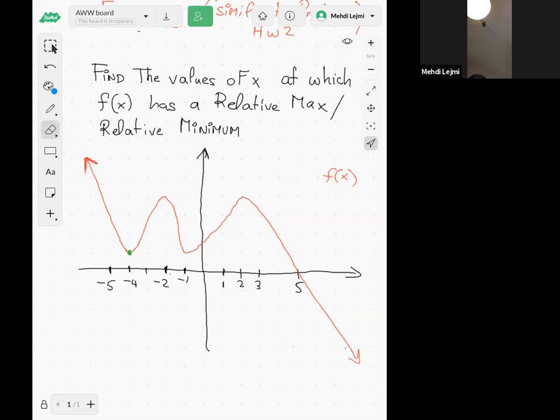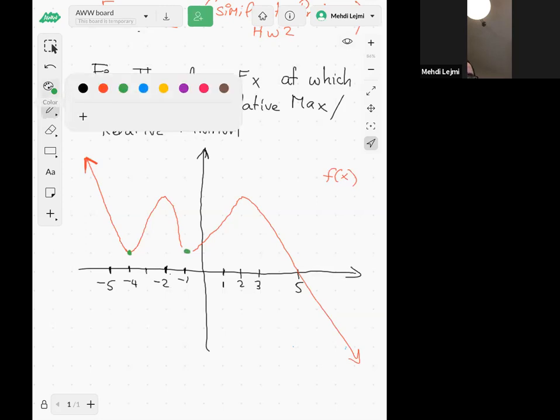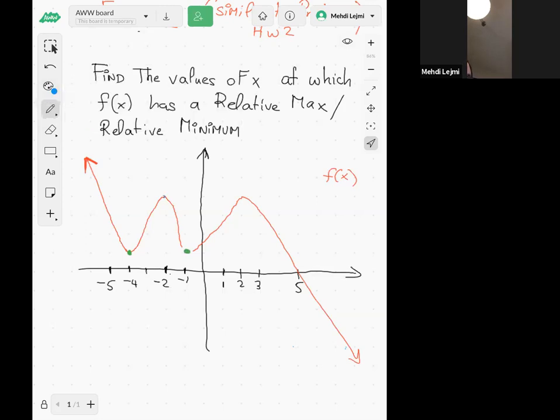Yes, very good there, Abdul. So we do have a local minimum at, as you said, guys, at -4 and at -1 here. And we're going to have a local maximum here at -2 and at +2.